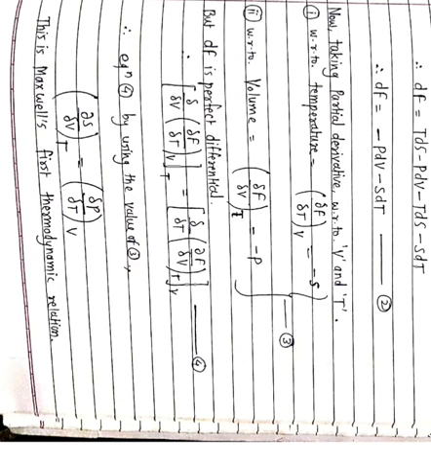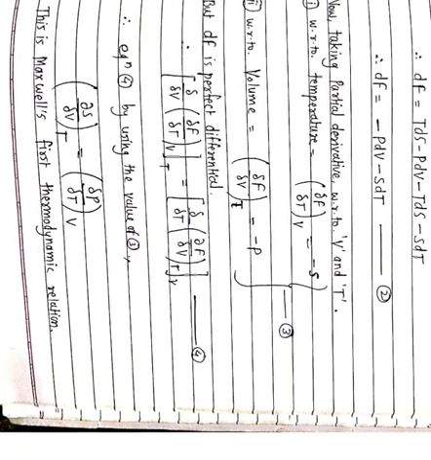This is the equation of perfect differentiation. Putting the values from equation 3 in equation 4, we get ∂S/∂V at constant temperature is equal to ∂P/∂T at constant volume.